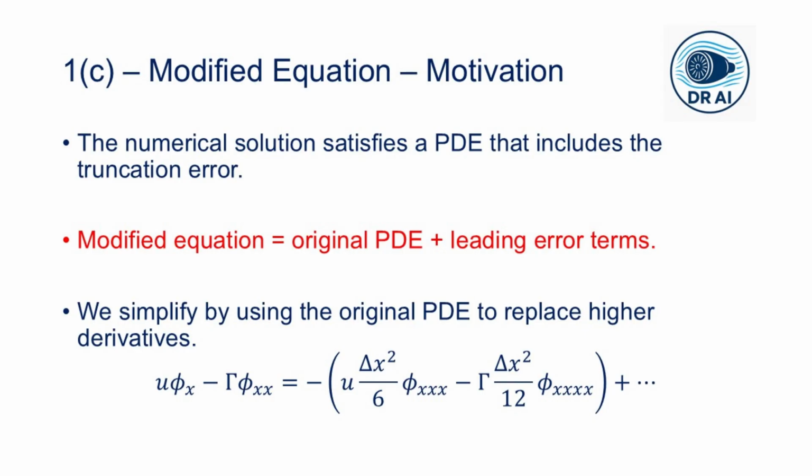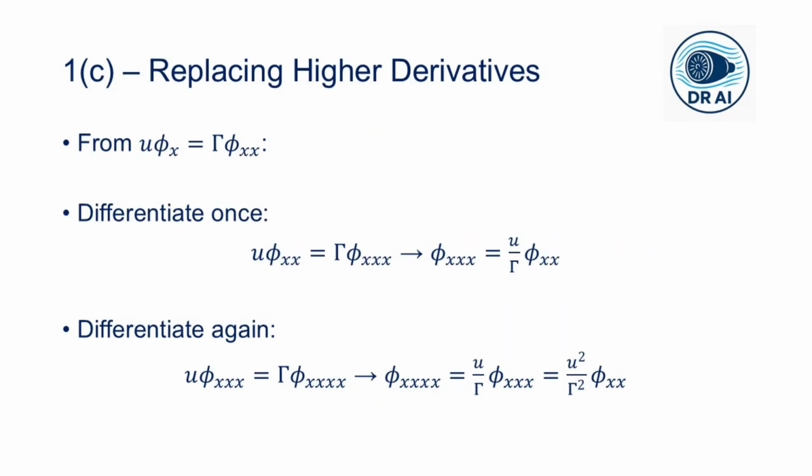So we can use the relation u psi x equals the coefficient times the second derivative of psi with respect to x, to replace the derivatives. The first step is to differentiate the exact equation with respect to x, which gives us psi subscript triple x equals u over the coefficient times the second derivative of psi with respect to x.